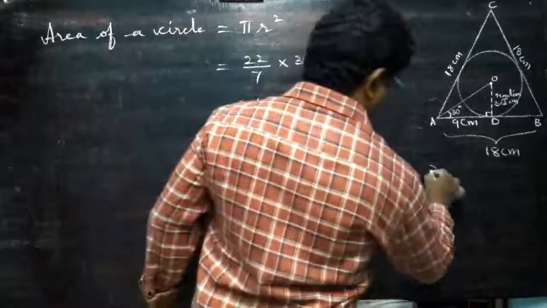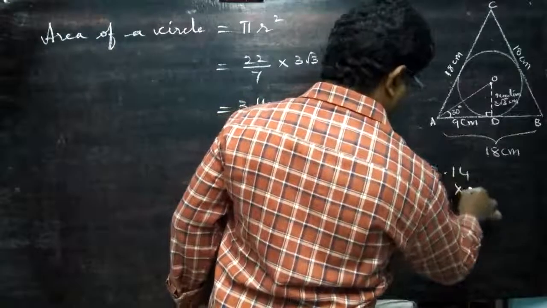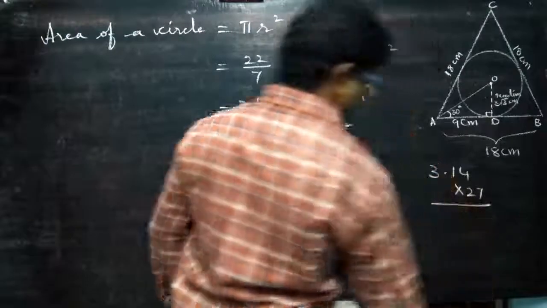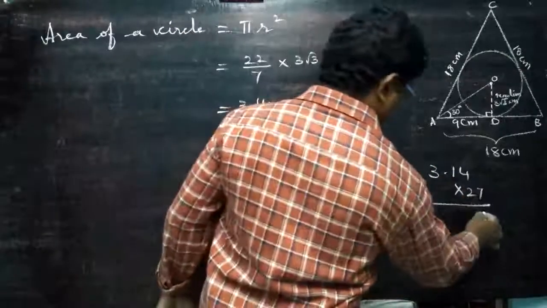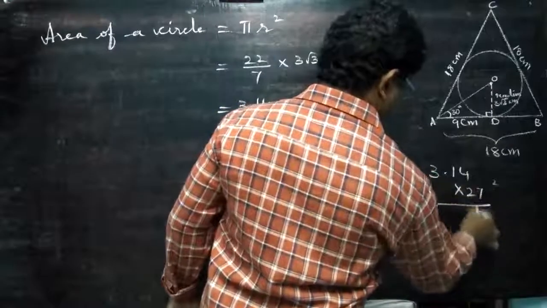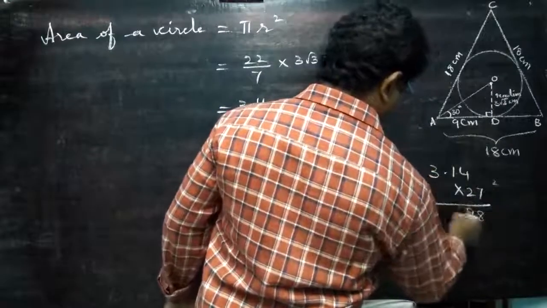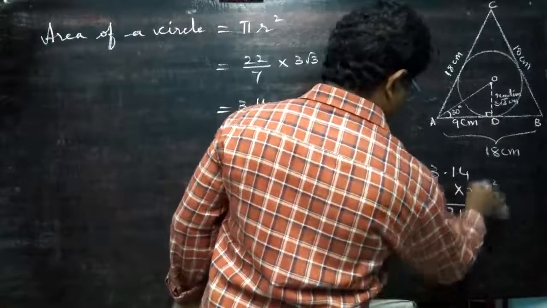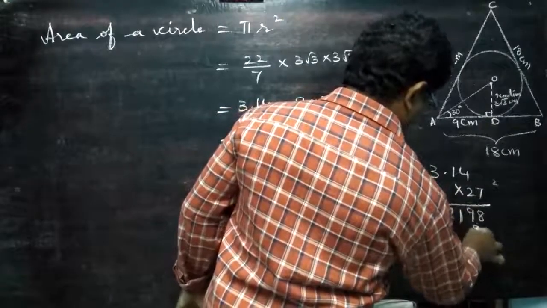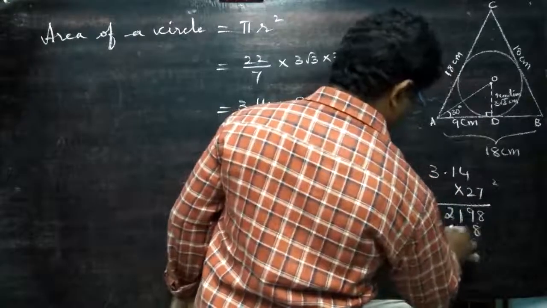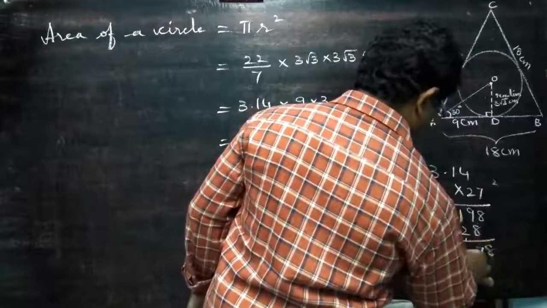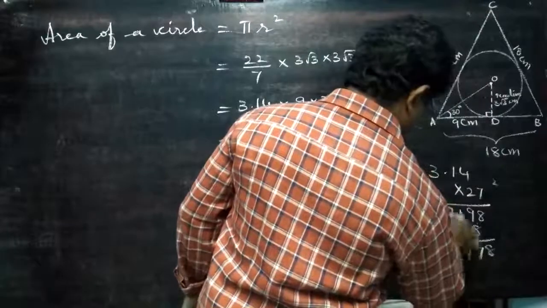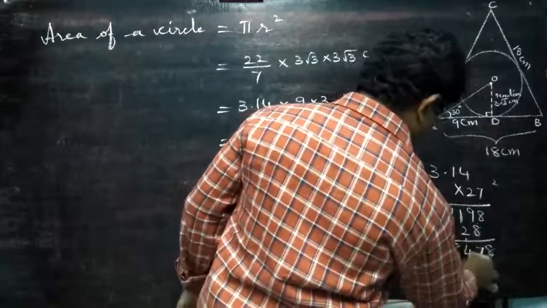Now 3.14 into 27. These calculations are all part and parcel of the problem. So you have to do it: 2 fours are 8, 2 ones are 2, 2 threes are 6, 8, 17, 1, here 4, here 8, after 2 digits.